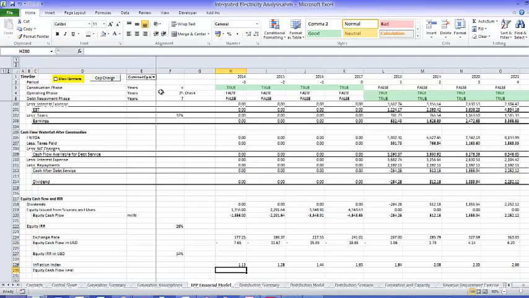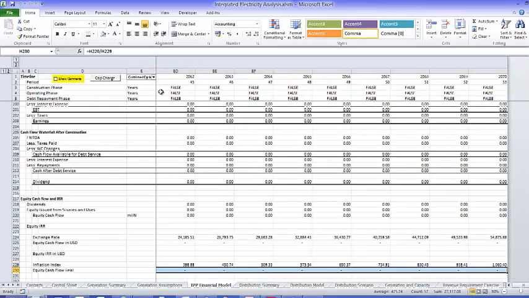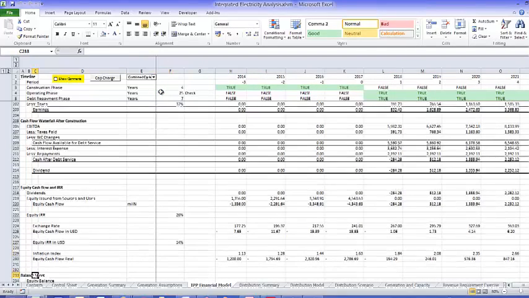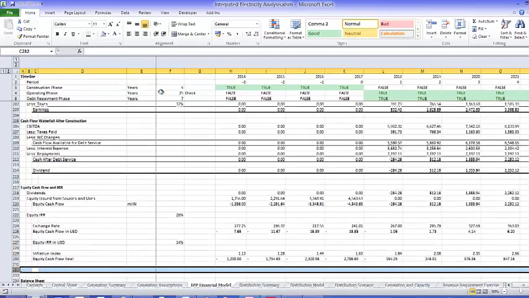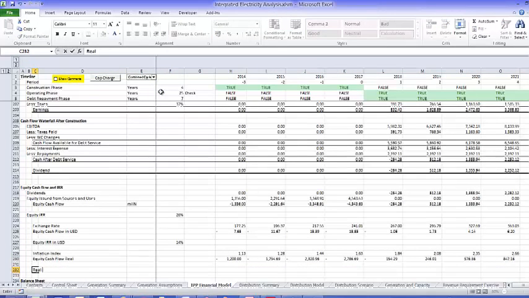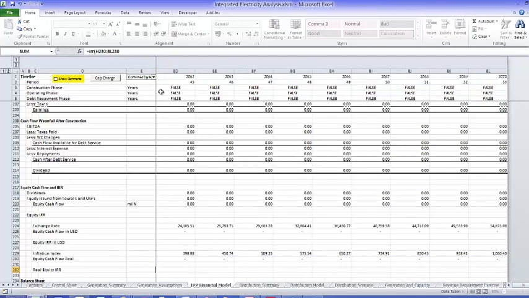And so our real, since this was in Naira, we'll divide this by the Naira. Then we get our equity cash flow, and we put our real equity IRR, and let's just shade that line.